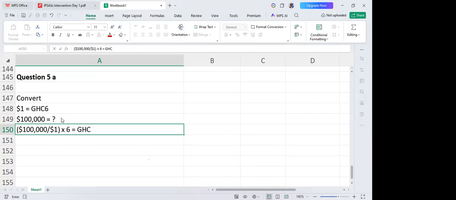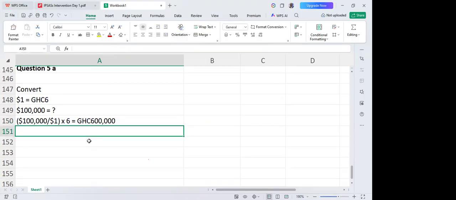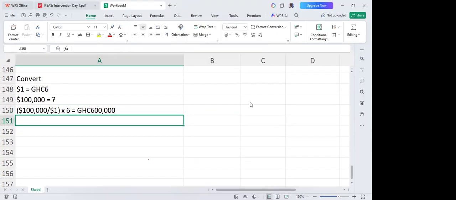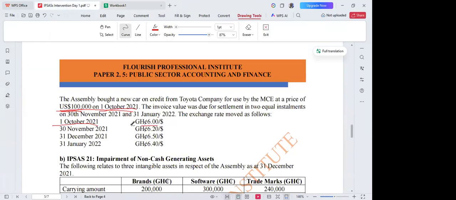What are you going to get? 600. So this will be the initial value that we have for the item.